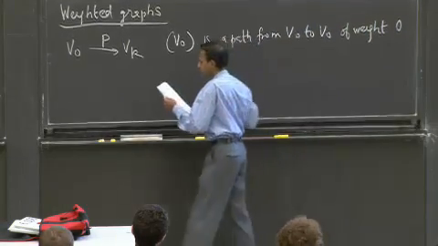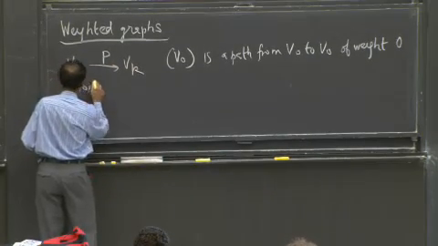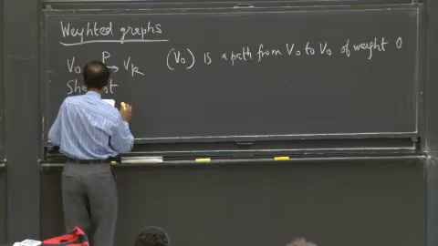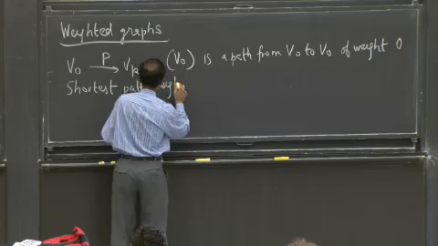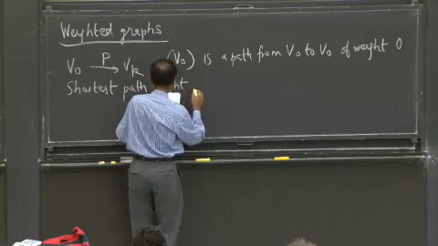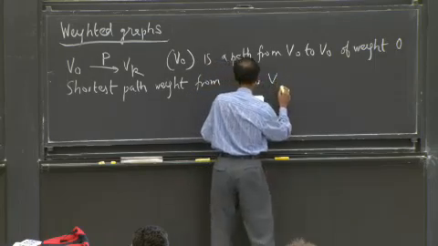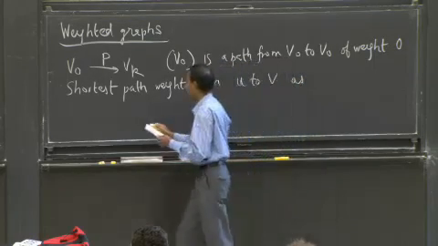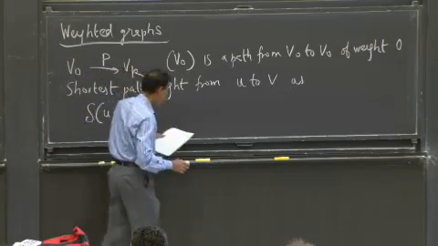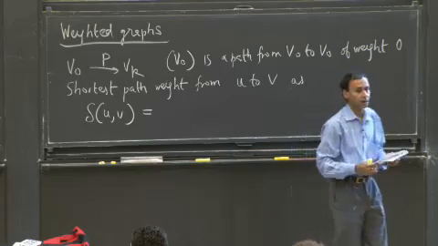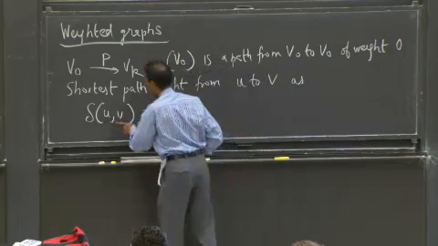The other condition that we need to look at is, what if there isn't a path? So I want to put those two things together, the two extremes, and of course all of the cases in between, in this definition of the shortest path weight. And so I'm going to talk about the value of the weight of the shortest path between u and v as delta u comma v.